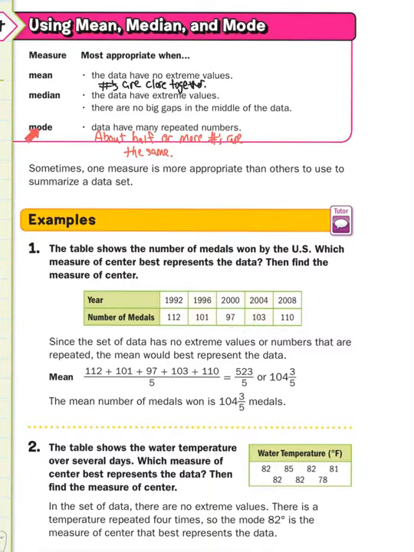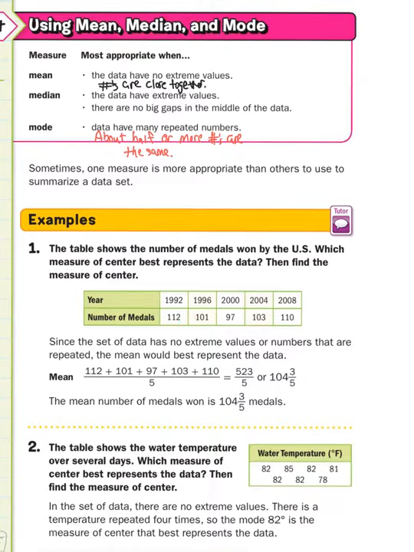First off, I like to eliminate mode when I can. So are there even any repeaters? I don't see any repeaters. Now remember, you would want half or more of the numbers to be repeaters to choose mode. So you are not going to choose mode for this because there is no mode. Now, the other thing is, are there extreme values? When I'm looking at 112, 101, 97, 103, 110, they're all somewhat close to each other. So in this case, I would choose mean.